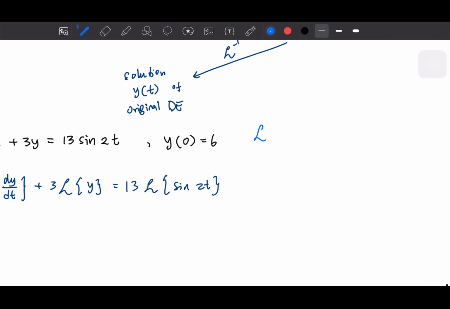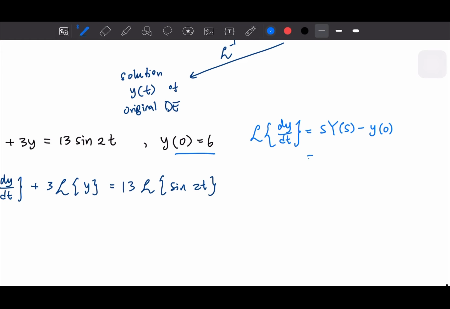So the Laplace of dy over dt, or y prime, is capital Y of s minus y of 0, right? And y of 0, we have the initial condition is 6.